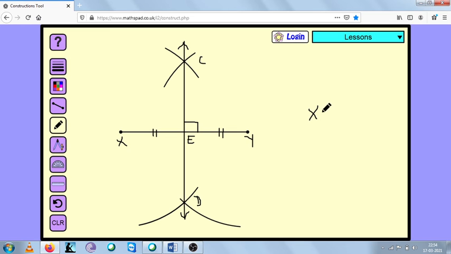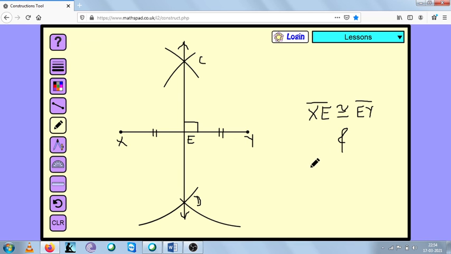Now finally, segment XC congruent to EY. And what is the required figure?